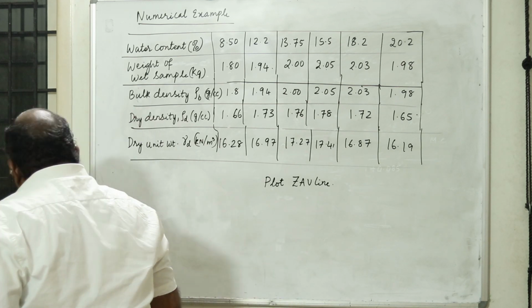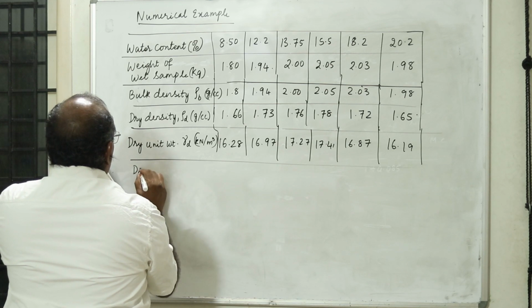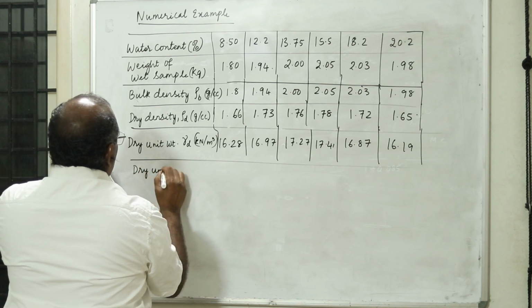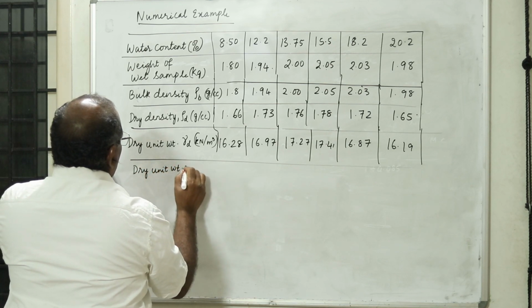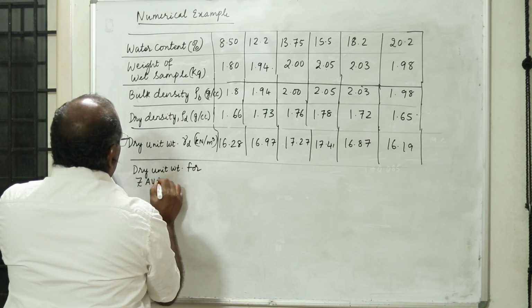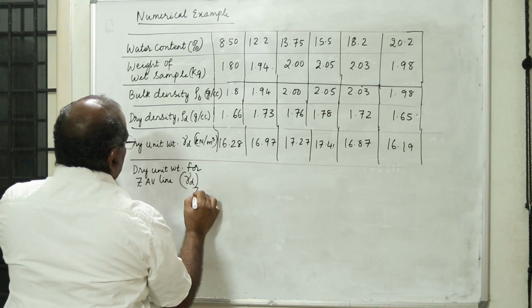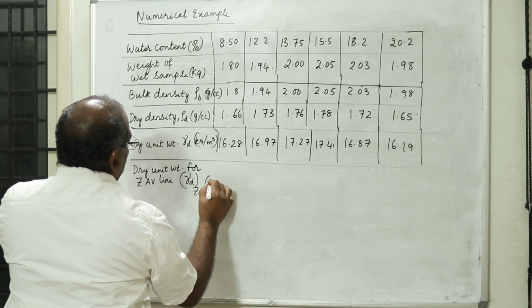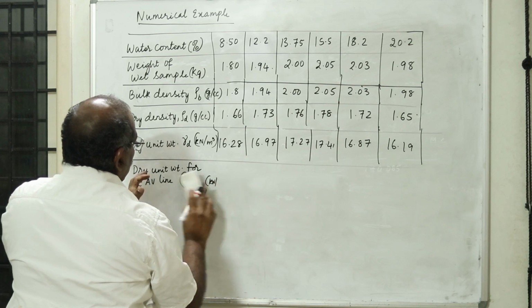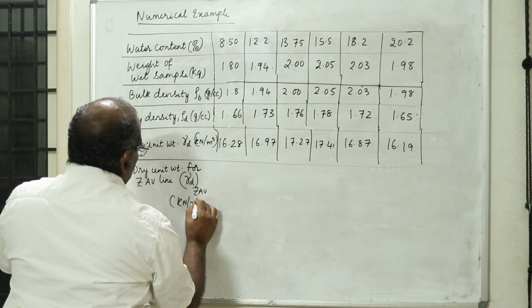Therefore, I need to calculate my dry unit weight for the ZAV line. Therefore, this is gamma D ZAV. You can write it in kilonewton per meter cube. Unit will be the same, kilonewton per meter cube.